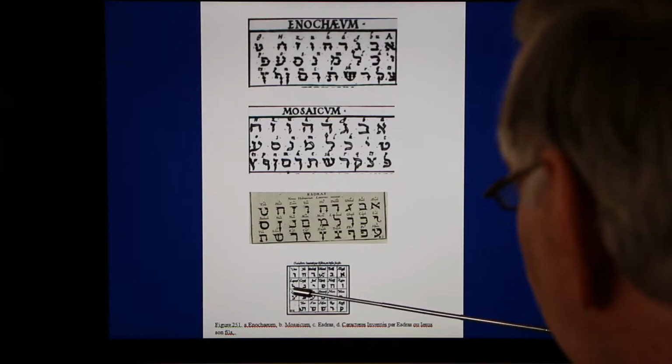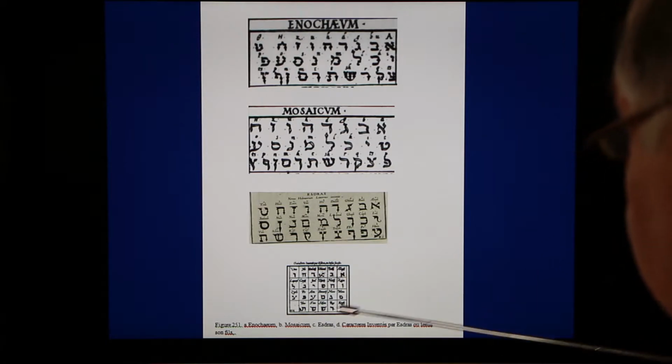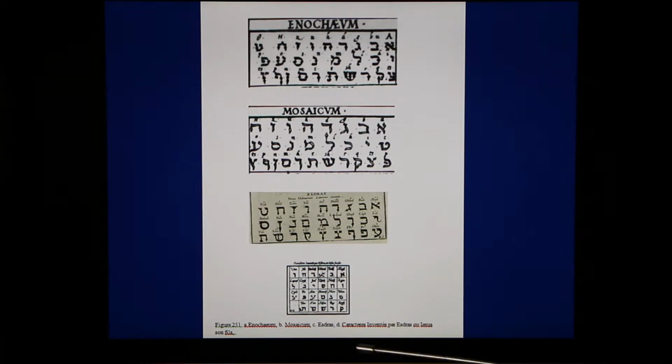And that then becomes the caractère des Juifs and so on. Caractère inventé par Esdras ou Jésus, son fils. So the son of Esdras in the 6th century was also called Jesus, long before Jesus started at the year 0 and started Christianity.